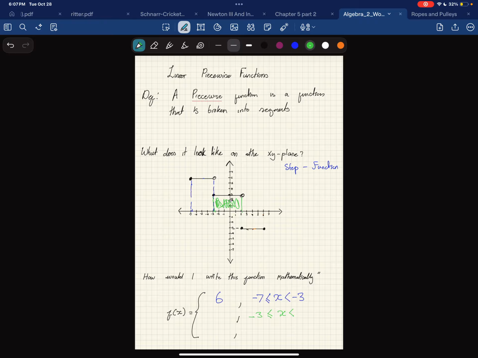So my x values will always be less than 2. Now, what's the function output in this interval? That's 3.